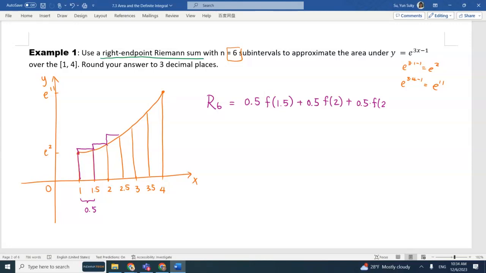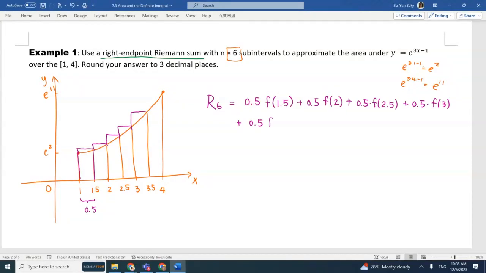What's the right endpoint? 2.5. Plus 0.5 times f of the right endpoint, which is 3 plus 0.5.